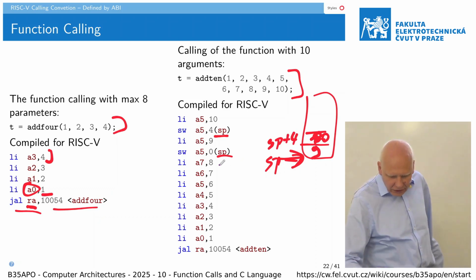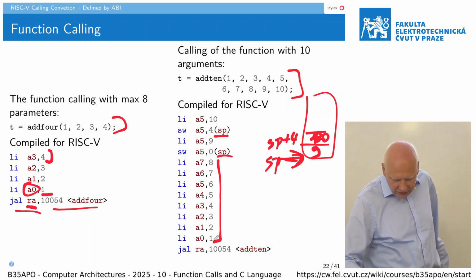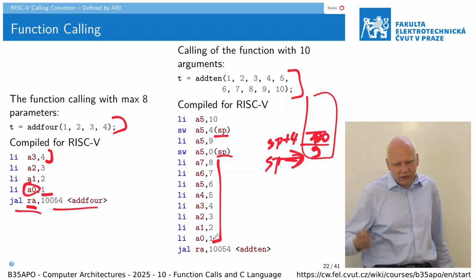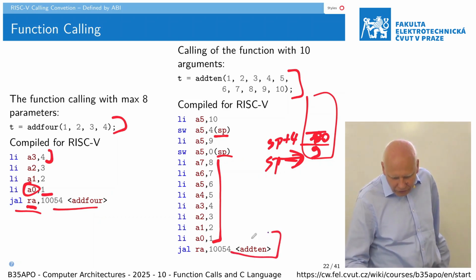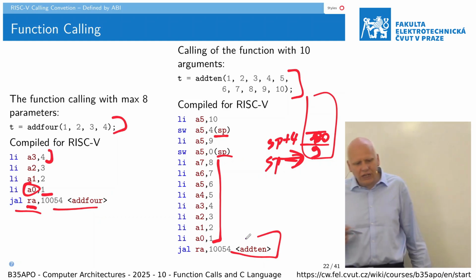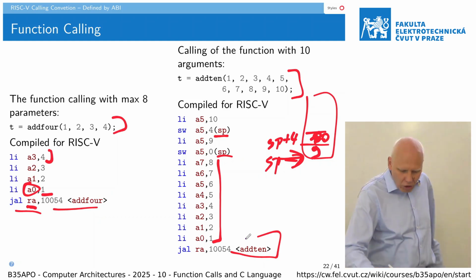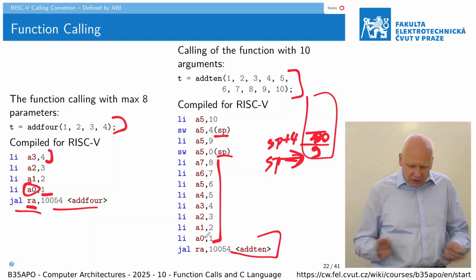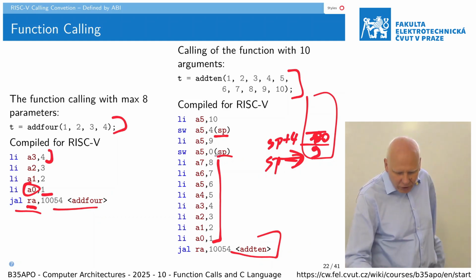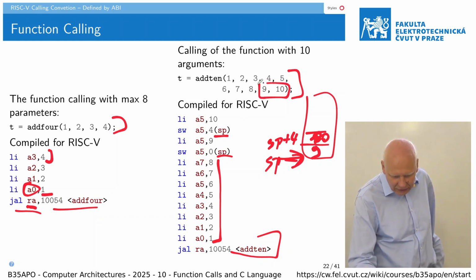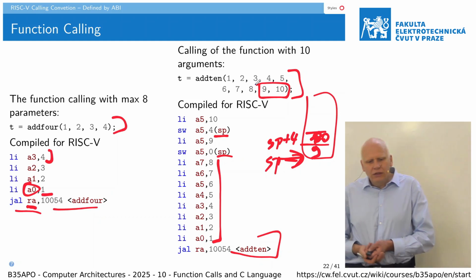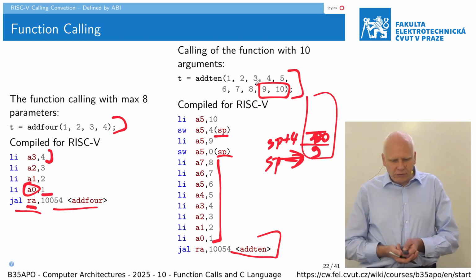And the rest of the arguments are stored to the registers, and then we call the function add10. And function add10 can add all those A registers easily, and for the last 2 arguments, it needs to read them from the stack.